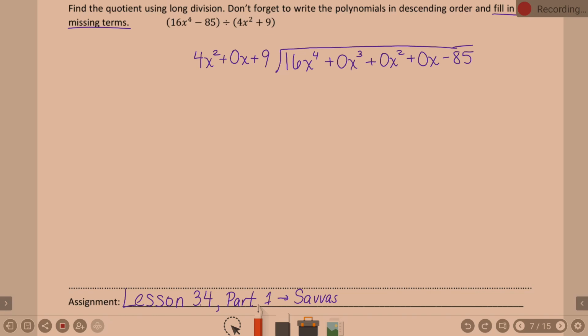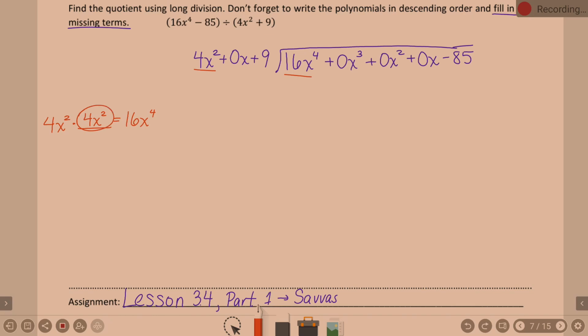Start with just the first piece there. Just take 4x squared into 16x to the fourth. 4x squared times what is 16x to the fourth? 4x squared. Are you guys with it? Okay.